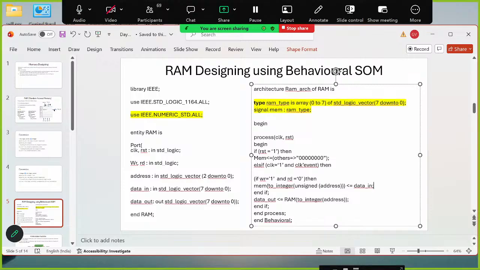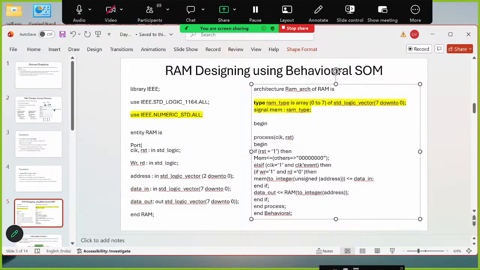Okay. Similarly, if this is not going to happen, it does this, and else. Else means if write equal to 0 and read equal to 1.